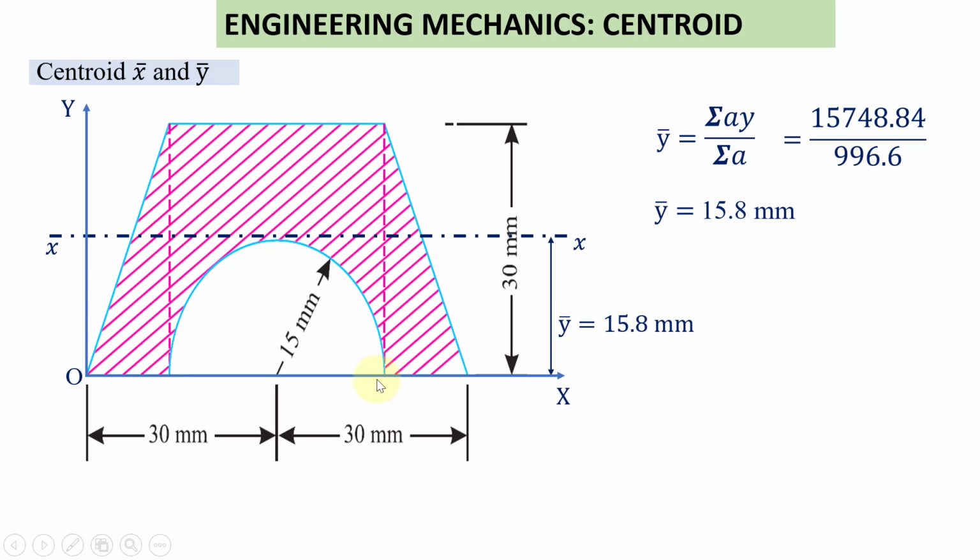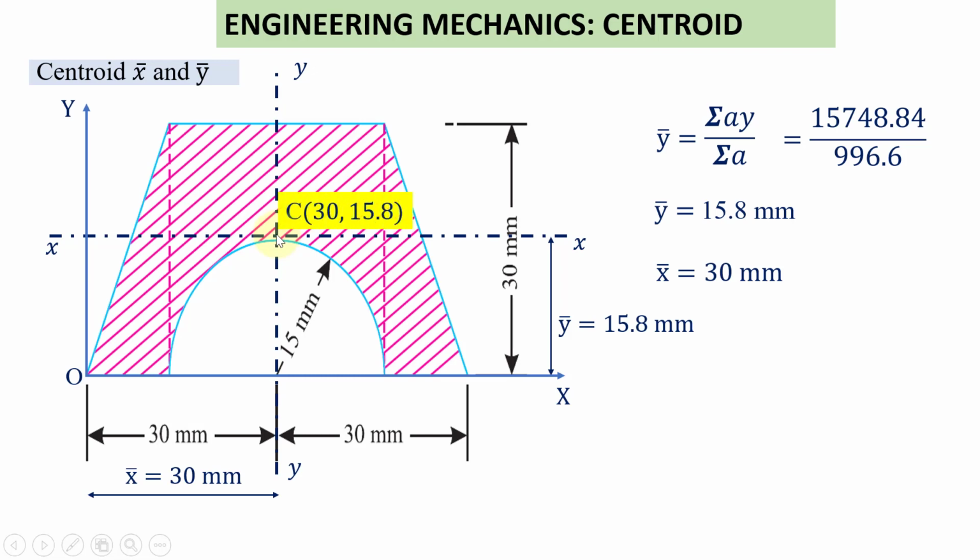The x bar value we have already calculated because the given element is symmetrical about this YY axis. So x bar value we have already calculated as 30 mm. So x bar is 30 mm, y bar is 15.8 mm. And here is the centroid, which is 30, 15.8 mm.